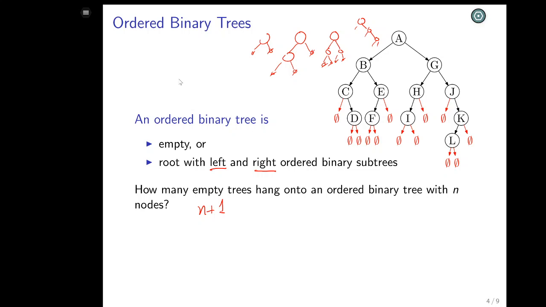Everybody happy? Proof complete? Does not work for n equals 0. When n equals 0, we have nothing, and we have one empty thing, just an empty thing. So it's 1.